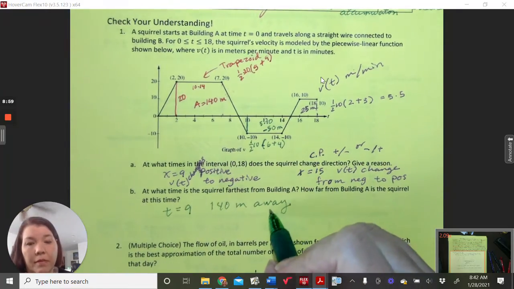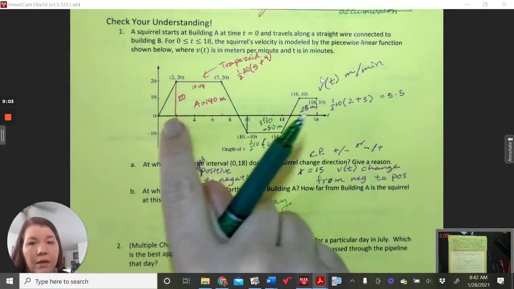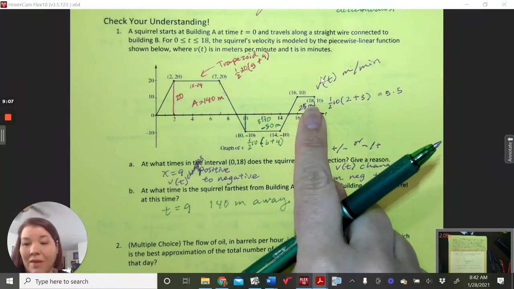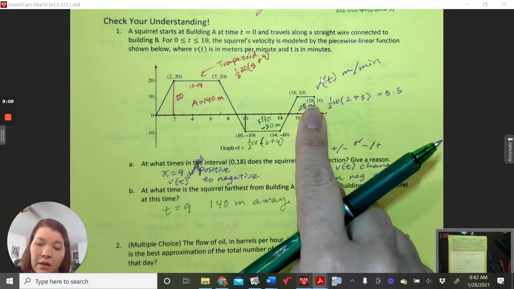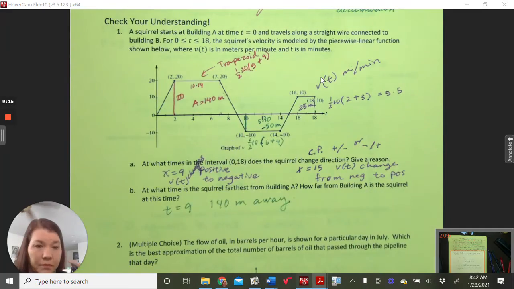All right. And then, like I said, so backwards, so it'll be 90 meters away. Then it goes 25 more meters away, and that's 115. So he's definitely farthest away at time 9.